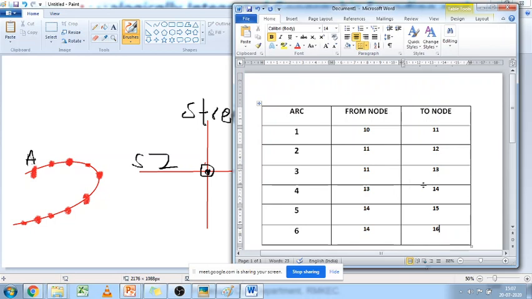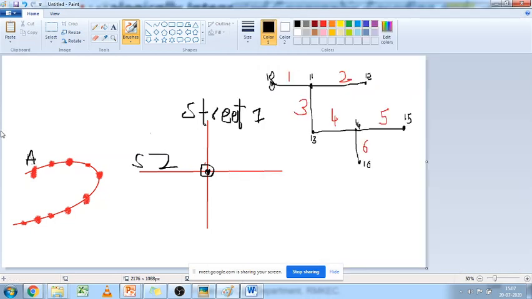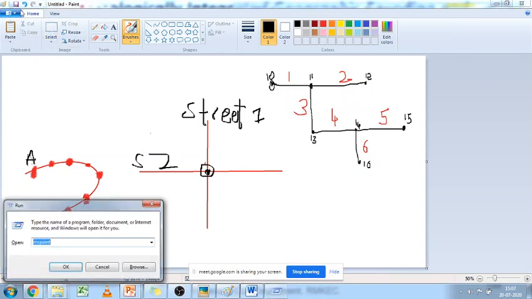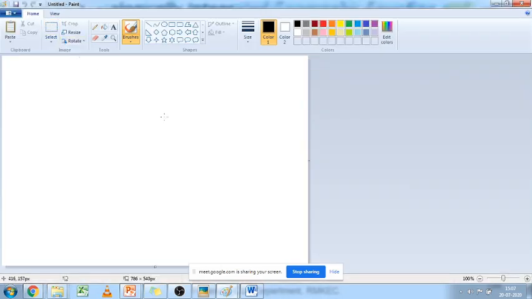Now we will move on to the next segment, polygons, and how polygons are represented. I hope you students have understood so far.